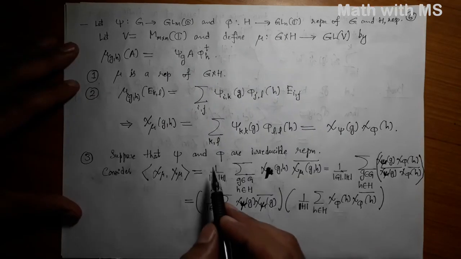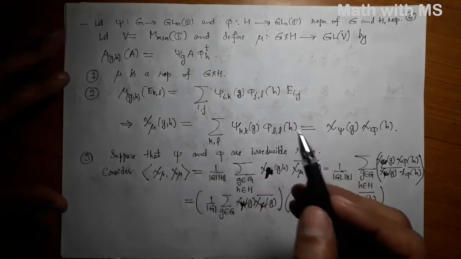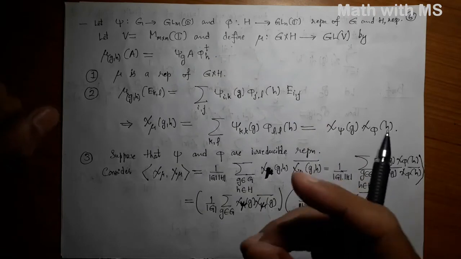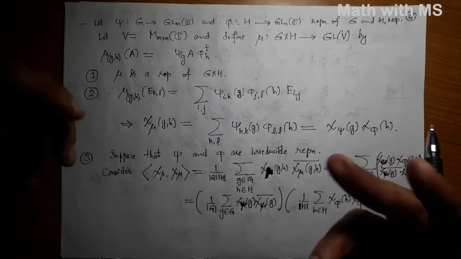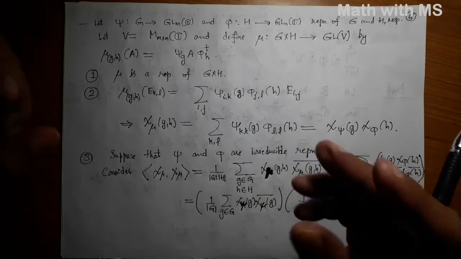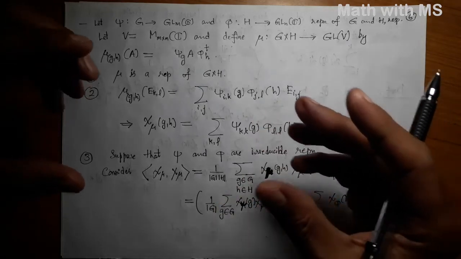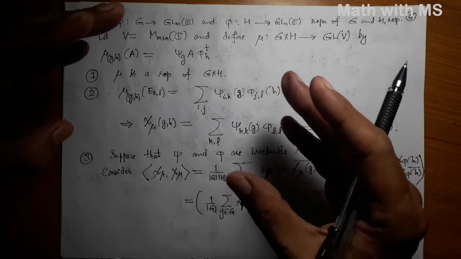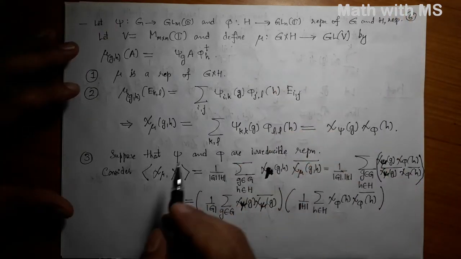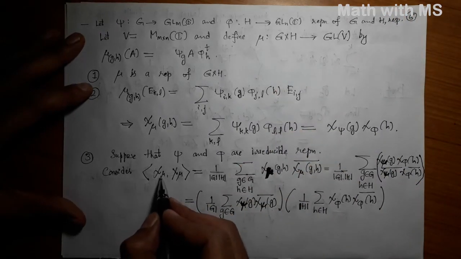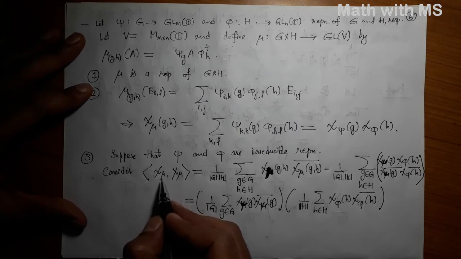To check irreducibility of the representation mu, we are going to use an irreducibility criterion that we proved in one of the lectures, which states that a representation is irreducible if and only if the inner product of its character with itself is 1. Okay, so let us consider the inner product of chi_mu with itself.